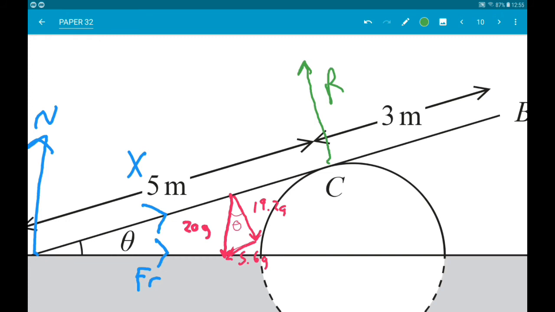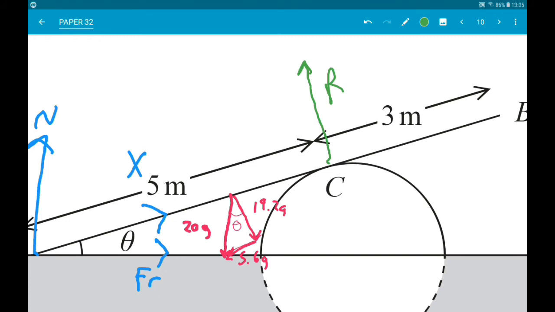So, we have two moments: one from the centre and one at C. So, taking A as the pivot point, the moments are, remember, the distance from the pivot to the point times the perpendicular force.